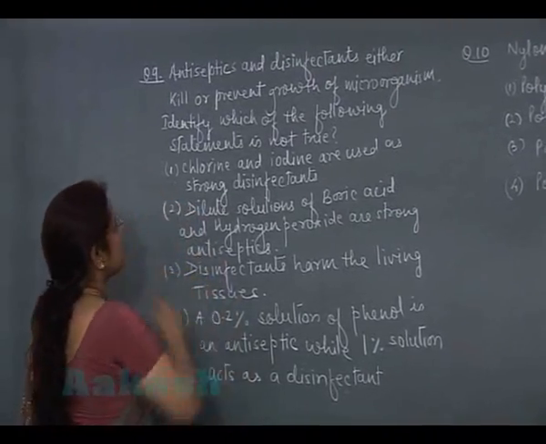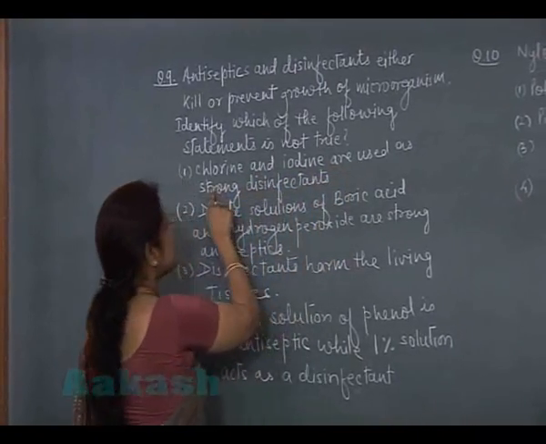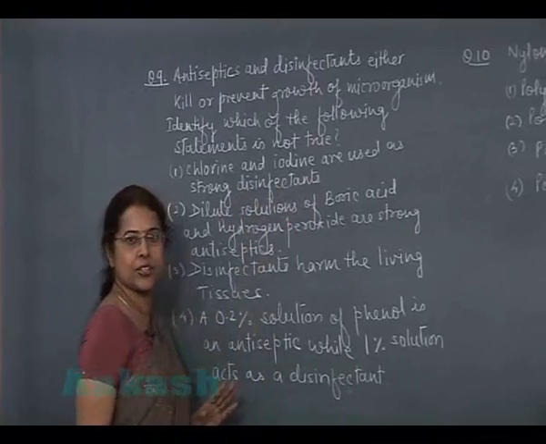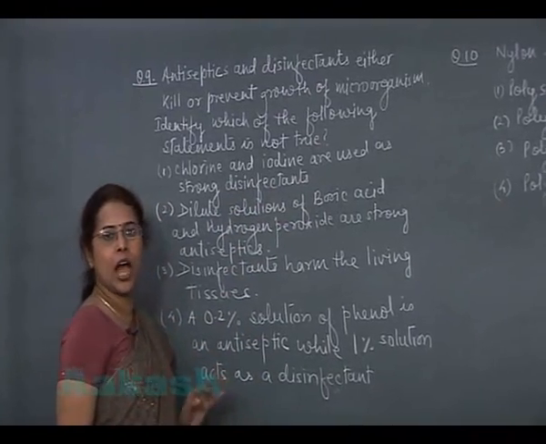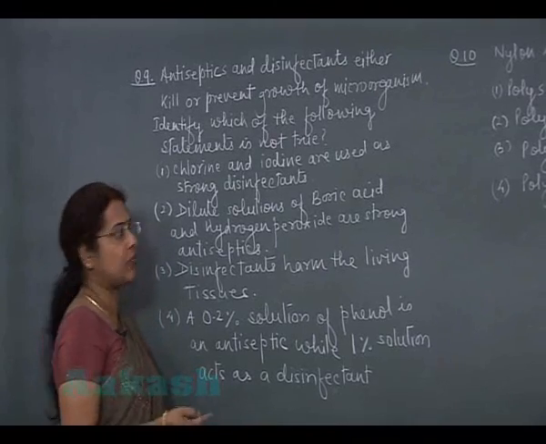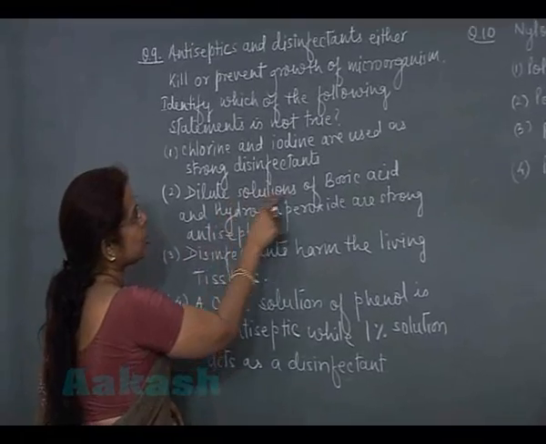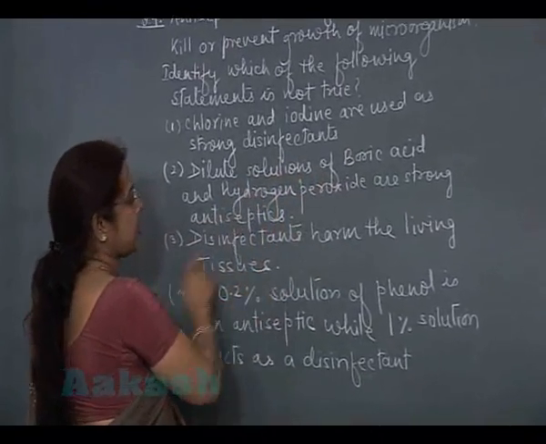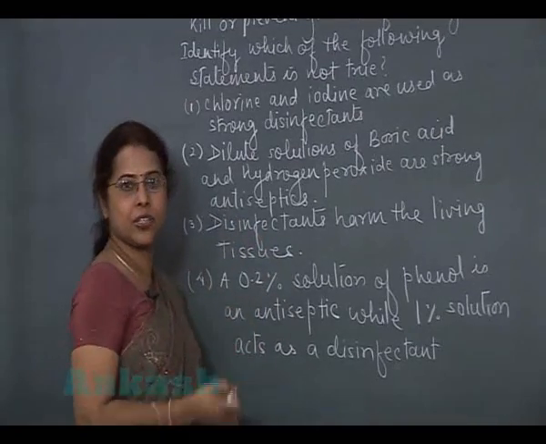The first statement is chlorine and iodine are used as strong disinfectants. That is true statement. Both chlorine and iodine are used as strong disinfectants. The second statement is dilute solutions of boric acid and hydrogen peroxides are a strong antiseptic.